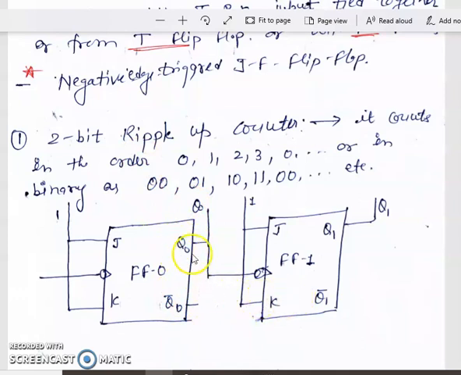See here, Q bar is connected as a clock to the next flip-flop's clock input, so it is called an up counter. If Q is connected as the clock of the next flip-flop, then it is called a down counter, counting in the down sequence. This counts in increasing order, meaning 0 1 2 3, it is up counting.